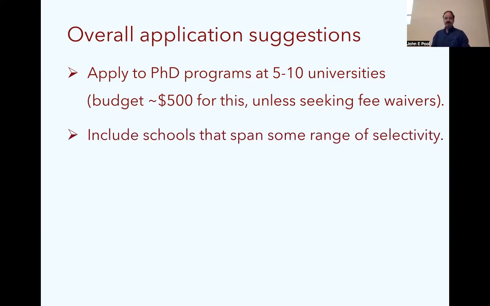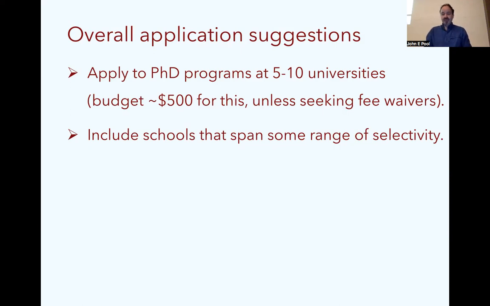Within this 5 or 10 university recommendation, I would say it's worth having some span, from talking to people, especially in terms of how difficult you think it might be to get in there. Like if you decide you're going to apply to 7 and you choose only programs that you think are the very, very best, well, okay, maybe you're ready to get into those programs.